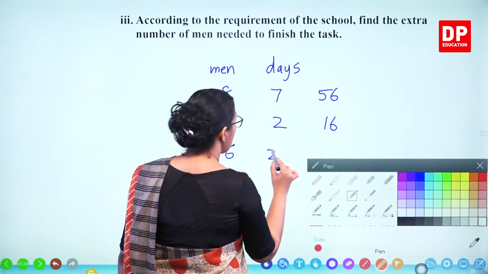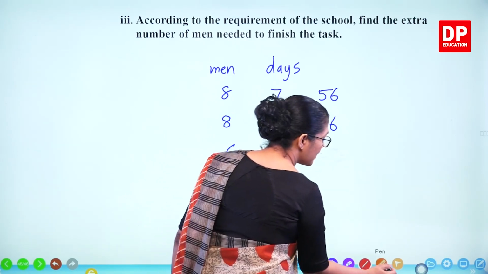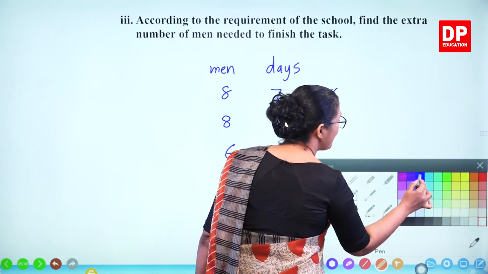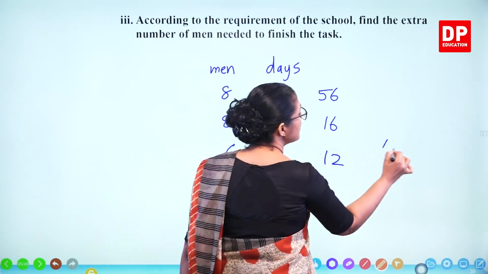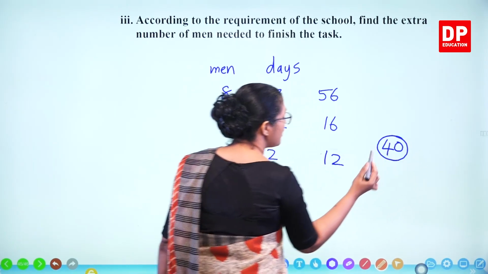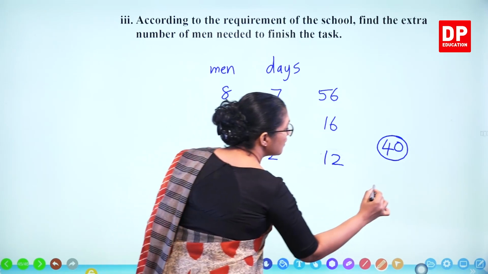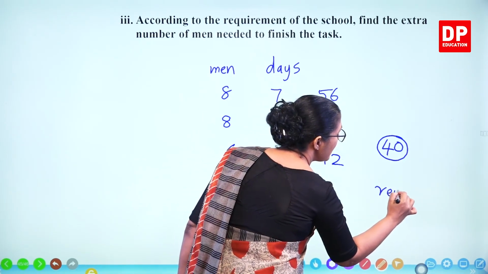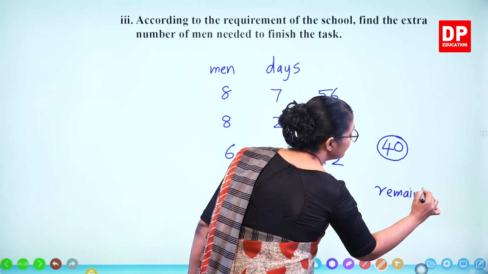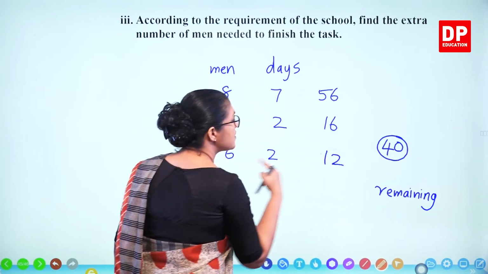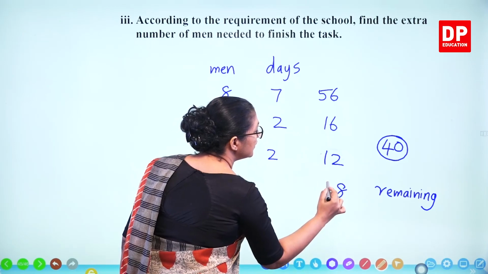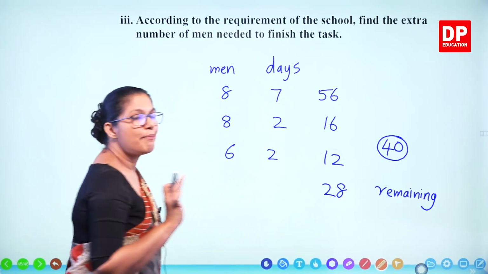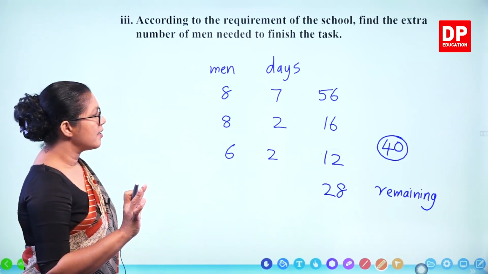So here 6 times 2 already worked. 12 worked. 40 remaining. So now 40 minus 12, you get 28. So 28 man days are remaining.